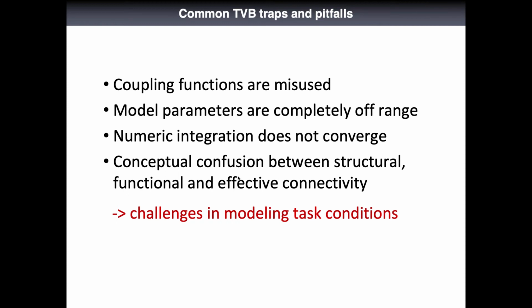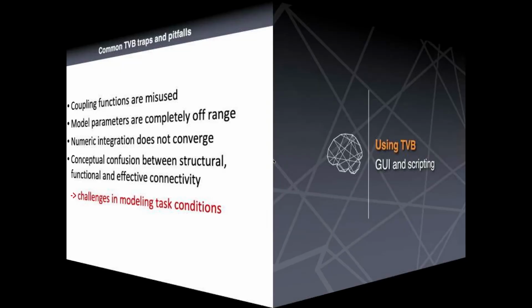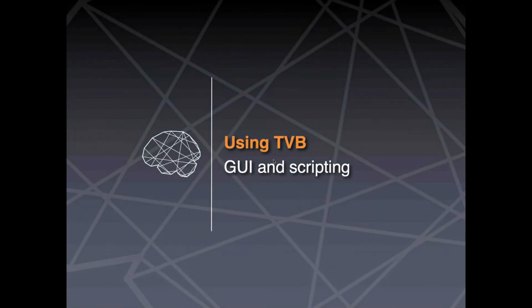This will not happen, of course. And as you're going to see, until now, most applications in TVB have to do with resting state, exactly for this reason. There are additional assumptions to be made to really go from the structural connectivity we have in TVB to the specific effective connectivity that characterizes a specific task.